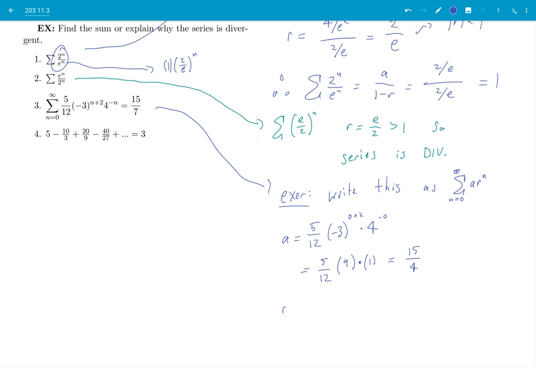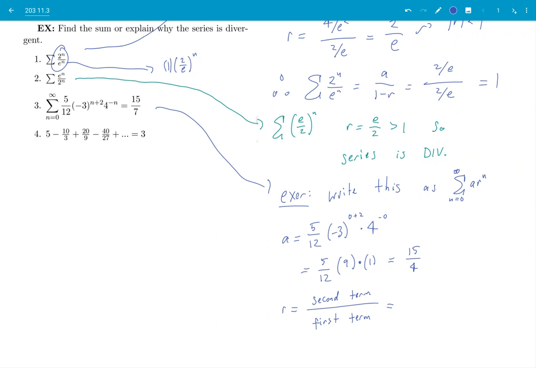And then I'll do r, which is the second term divided by the first term. So what's the second term?